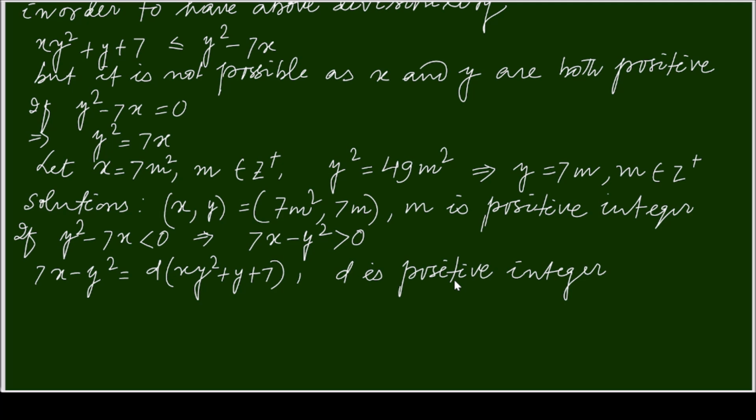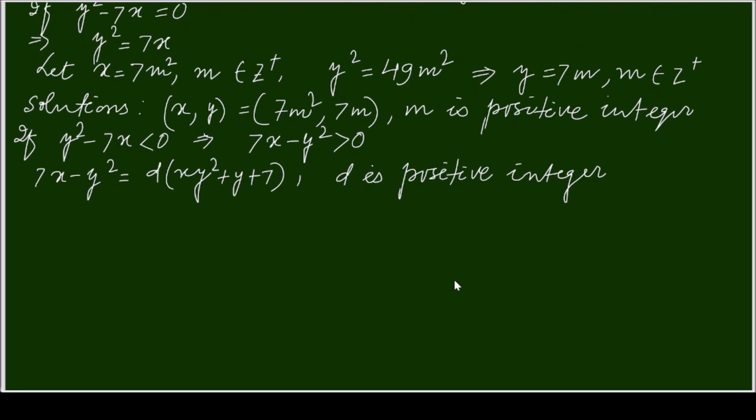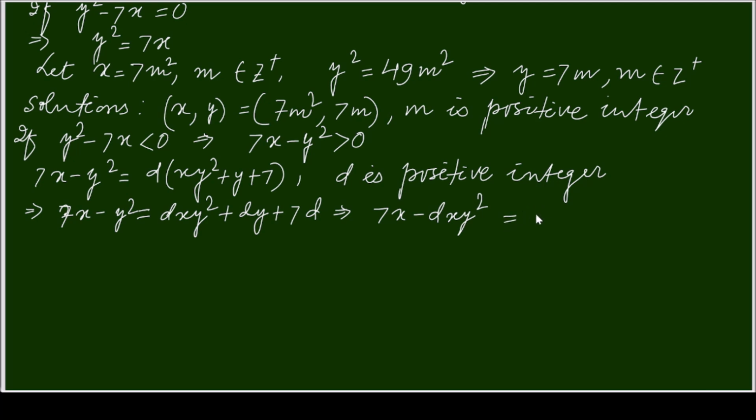Writing x in terms of y, this will be 7x minus y square equals d x y square plus d y plus 7d, or taking x together, 7 minus d y square times x equals y square plus d y plus 7d.